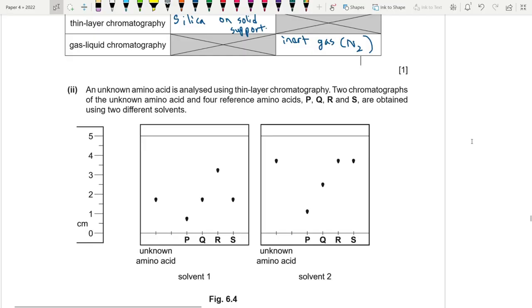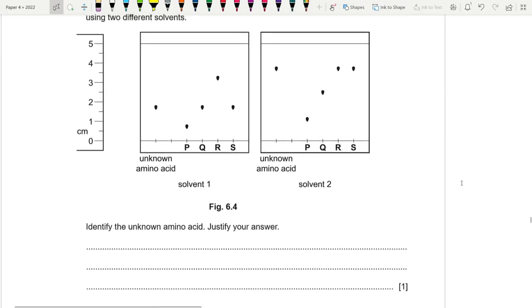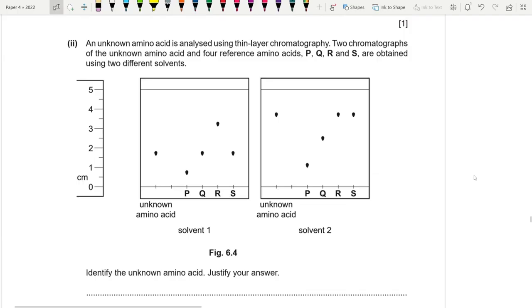So an unknown amino acid is analyzed using thin layer chromatography. Two chromatographs of the unknown amino acid and 4 reference amino acids P, Q, R, S are obtained using 2 different solvents. Identify the amino acid, justify answer. So clearly, our unknown amino acid matches with Q or S, basically, the solubility in this solvent.